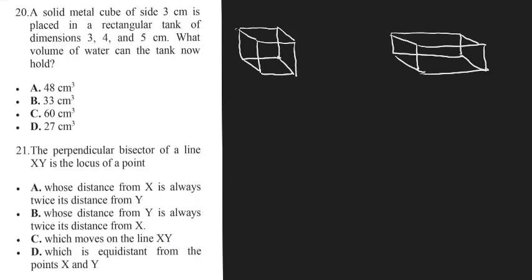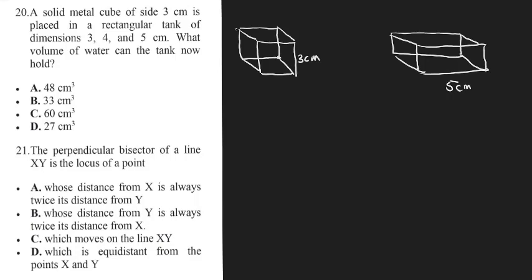So now for this cube, we said the side is 3 centimeters. Of course, we know for the cube all the sides are equal, so 3 centimeters. But for the cuboid, we have 3, 4, and 5. So it's trying to tell you that the length, which is always the longest side, is 5 centimeters.